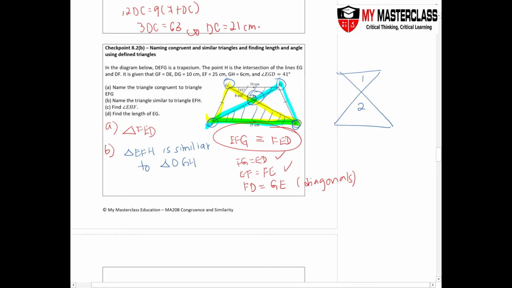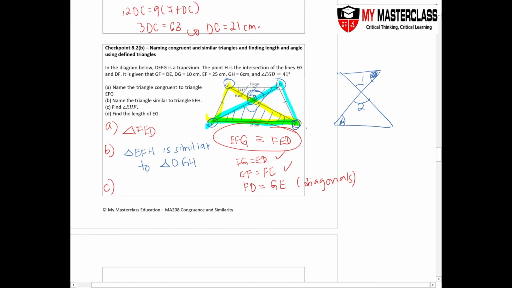Because you see that this angle is the same as this angle. These two angles, the shaded ones, are also the same because of alternate angles. In similar triangles, as long as you prove two angles, you know that they're similar. So please be very mindful: your sequence does matter, so please take care of that.